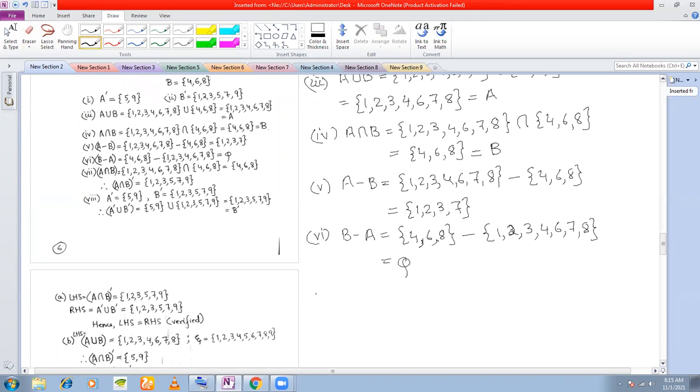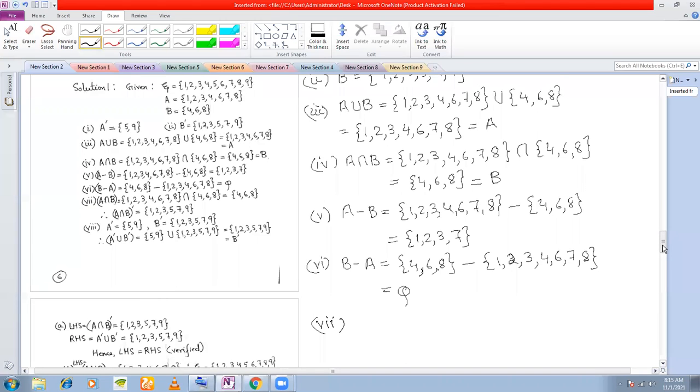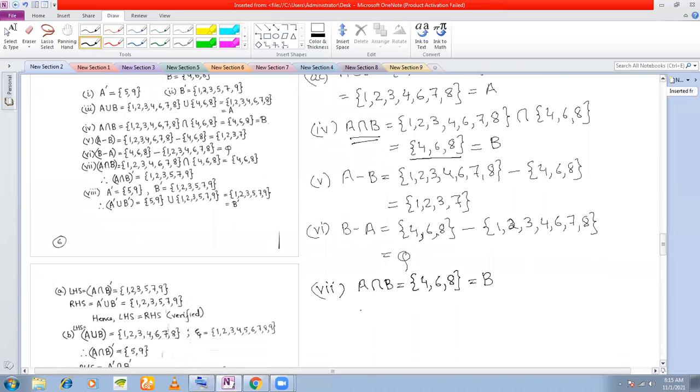Next question here is A intersection B complement. Okay, now see A intersection B. How much have we found A intersection B? See A intersection B we found as this. Let's write this down. A intersection B is equal to 4, 6, 8, which is the same as B. Now we'll find out A intersection B complement.